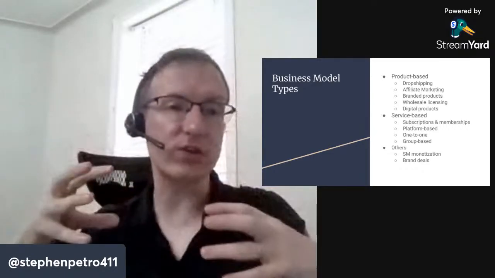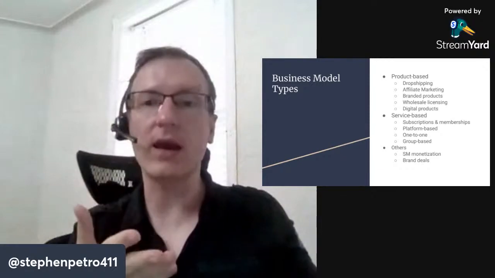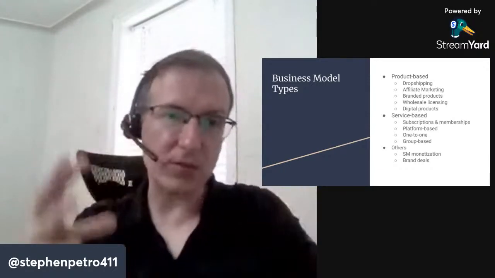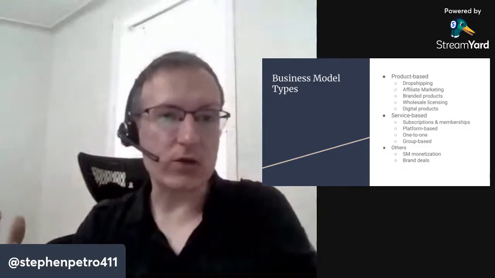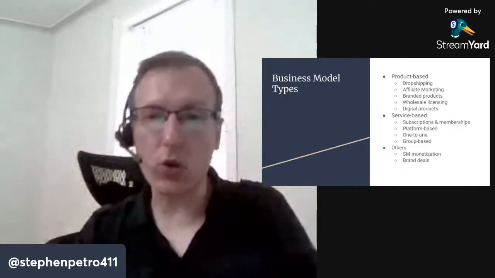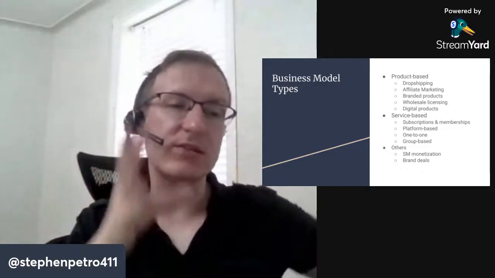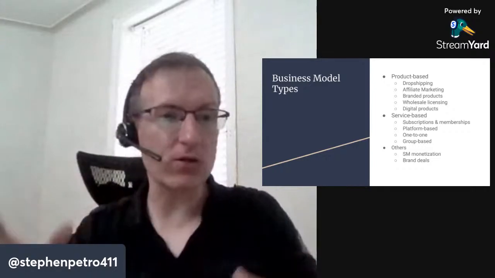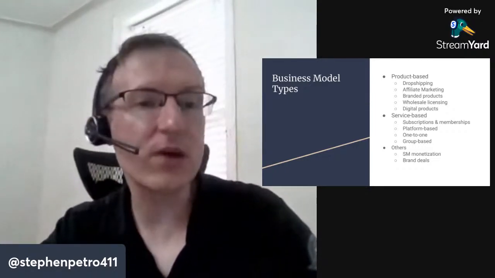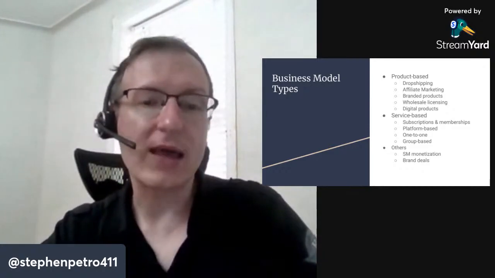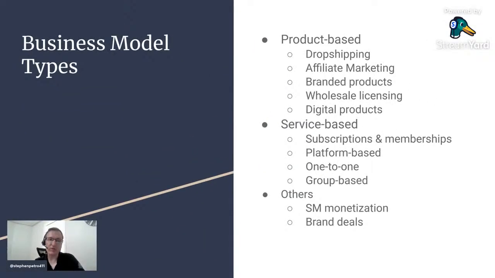What individuals can do, what anybody can do today, is open a wholesale account. You have to have a minimum order quantity, but you can contact these companies, open a wholesale account, get those products at wholesale price to sell, and get a license to sell them on Amazon or on other platforms. That's what many people do, and it can be a very lucrative business.